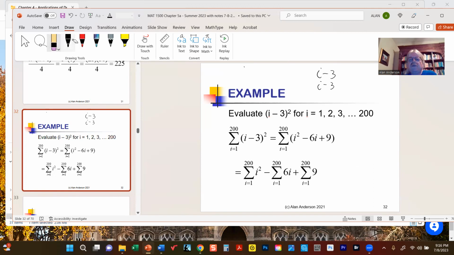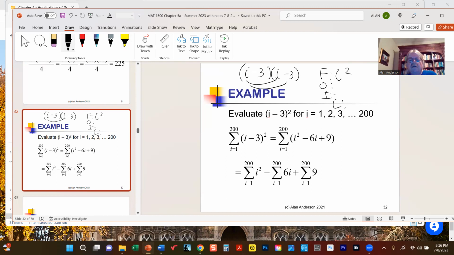Actually, no, let's do this with FOIL. i squared minus 3i minus 3i plus 9. And it says it right here anyway: i squared minus 6i plus 9.